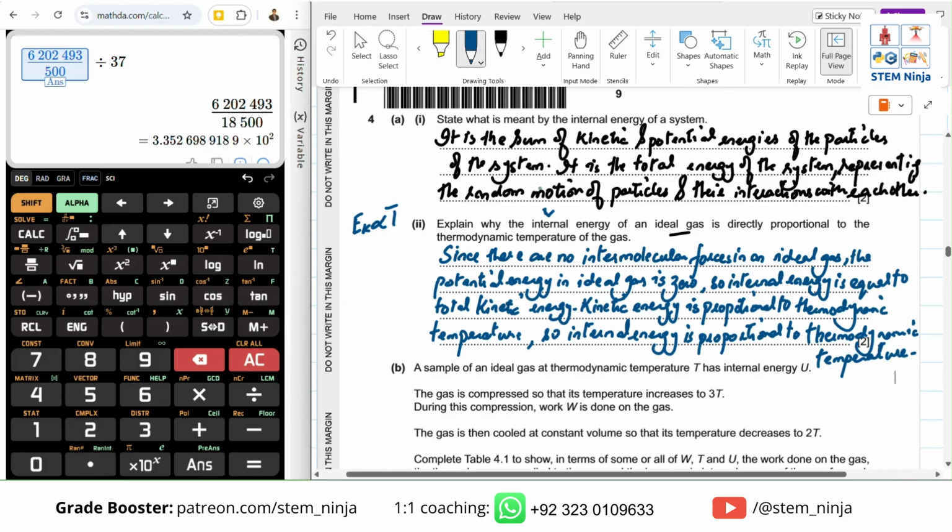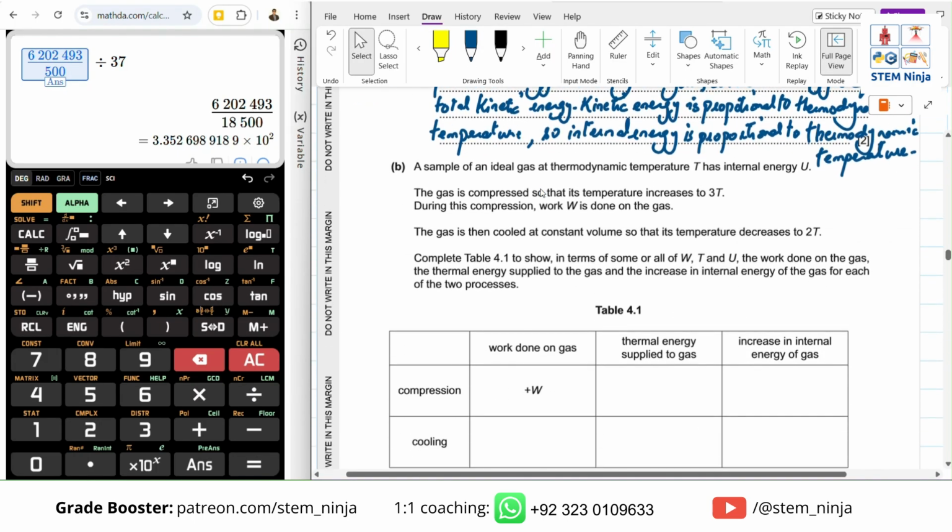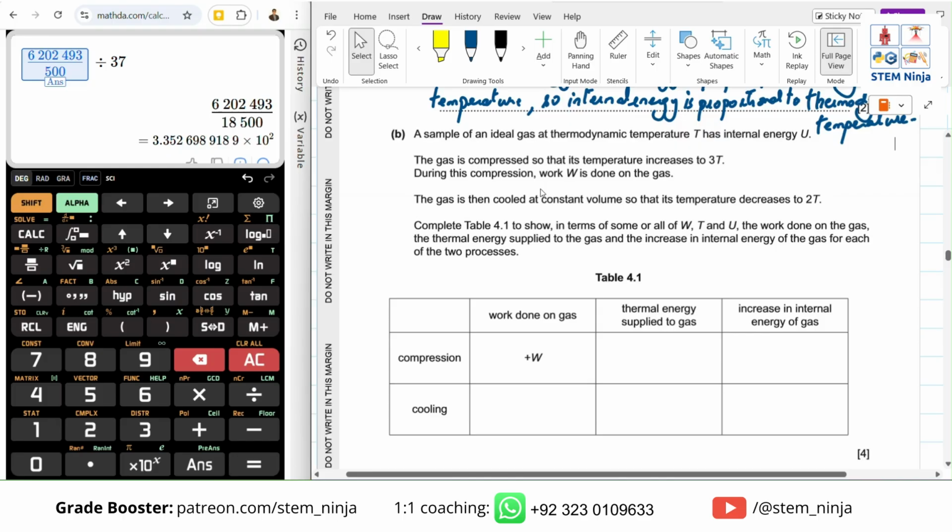Okay, a sample of an ideal gas at a thermodynamic temperature T has internal energy U. This gas is compressed, so its temperature increases to 3T. That means the kinetic energy is increased proportionally. During this compression, work W is done on the gas. The gas is then cooled at a constant volume so that its temperature decreases to 2T.